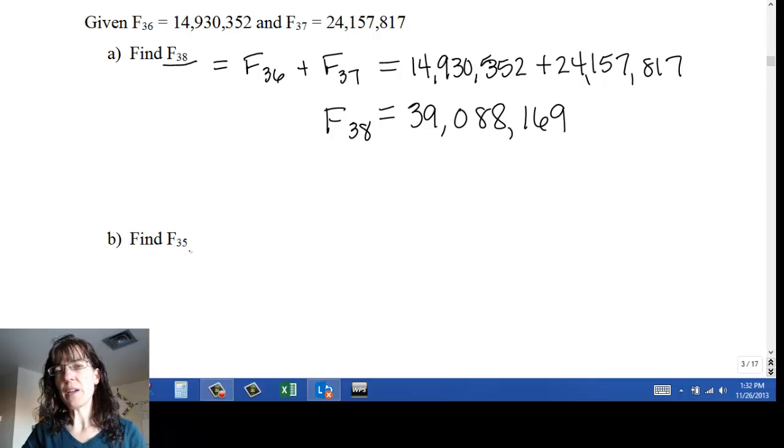So now I'm being asked to find f sub 35, and I don't know the 2 previous numbers to f sub 35, but I do know the ones after it.